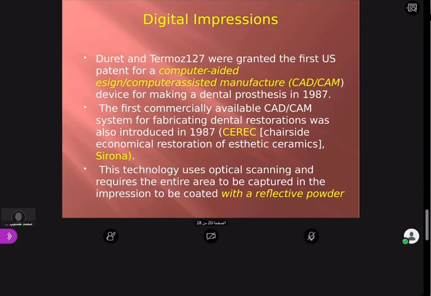This technology uses optical scanning, and requires the entire area to be captured in the impression to be coated with refractive powder. So basically, we will spray the refractive powder in the patient's mouth, then we will insert the optical scanner, which completes the impression, and this impression is called digital impression.